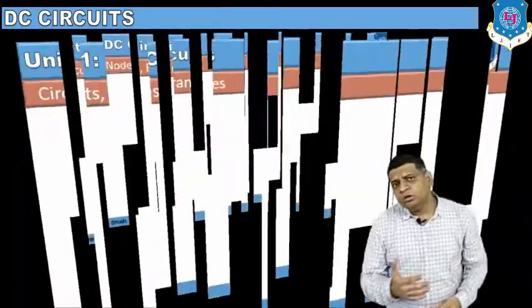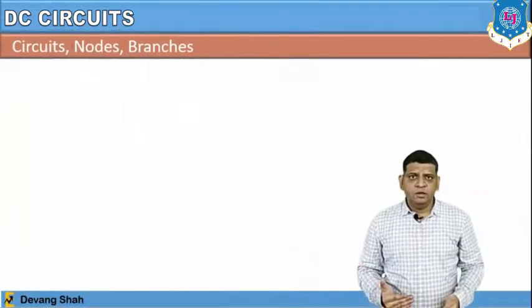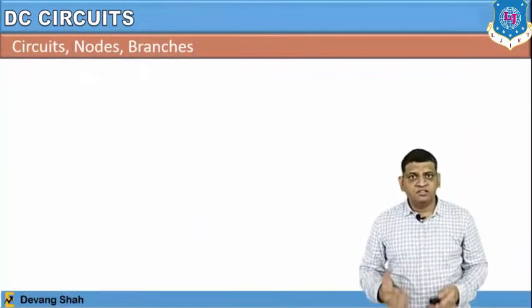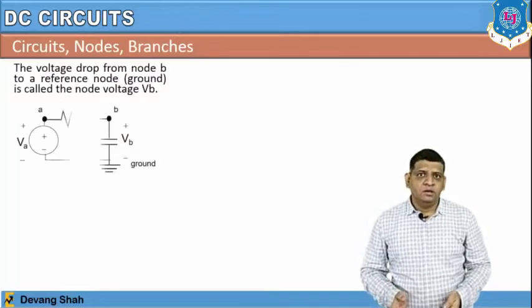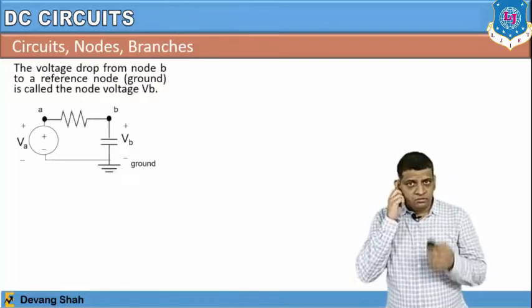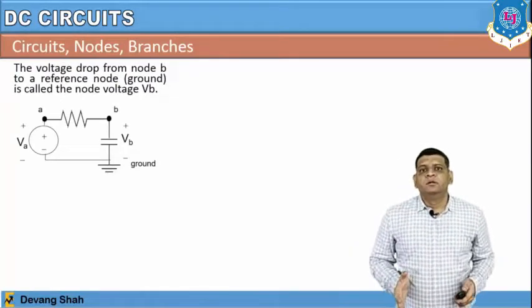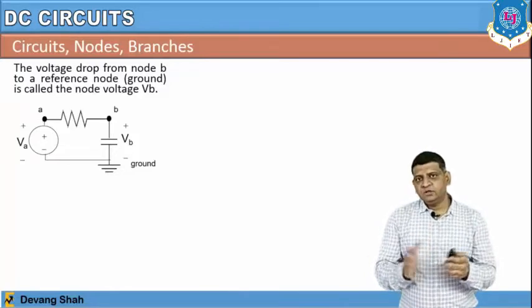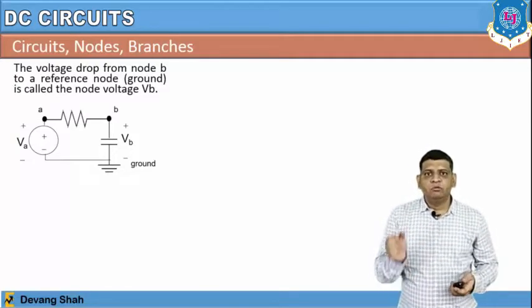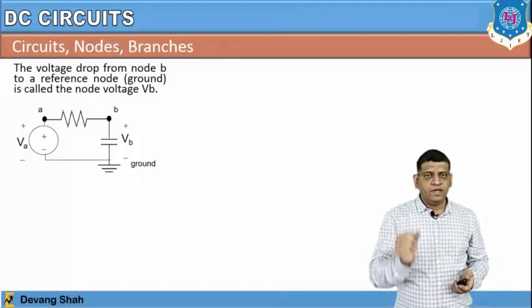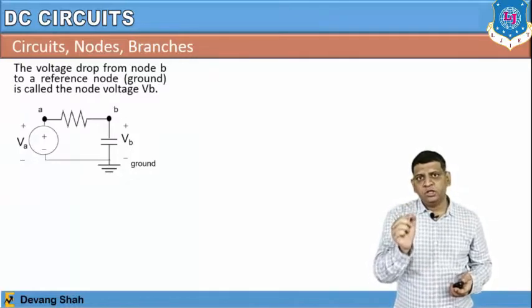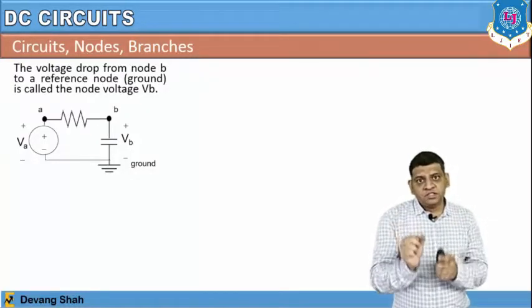Okay, now there is more circuit terminology we need to understand. If there is a resistance, a branch, and a node, you can see here in this circuit a point B, which I consider as one point in the circuit where I'm going to find the voltage drop across point B with respect to ground.